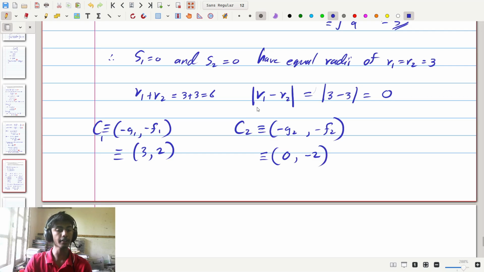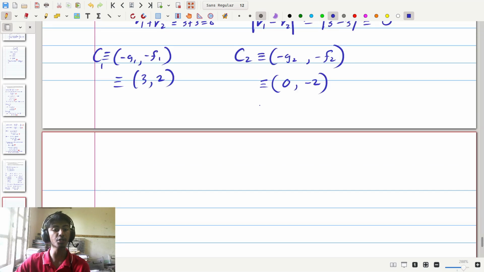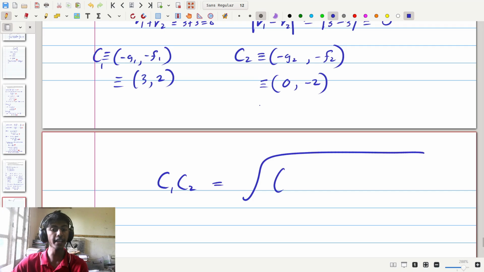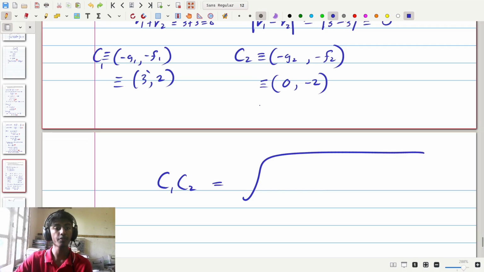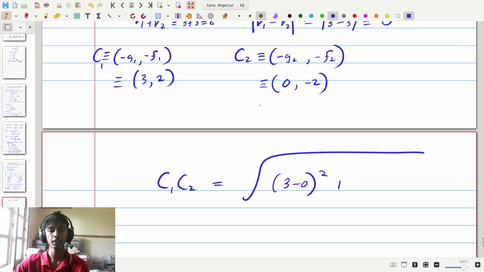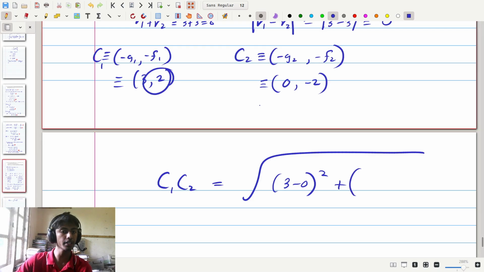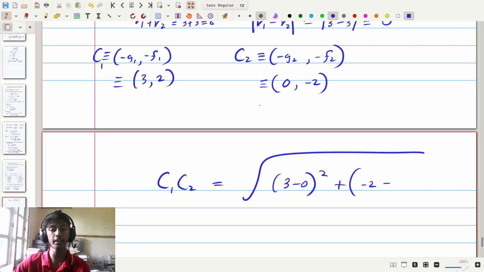Now according to that, the distance C1C2 between the two center points should be equal to the square root of the x difference squared plus the y difference squared. In terms of the x difference, we have 3 here and 0 here, so the x difference is 3 minus 0 squared. For the y difference, we have 2 here and minus 2 here, so the y difference is minus 2 minus positive 2, or we could alternatively write it as plus 2 minus negative 2.